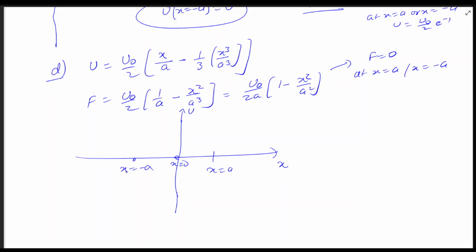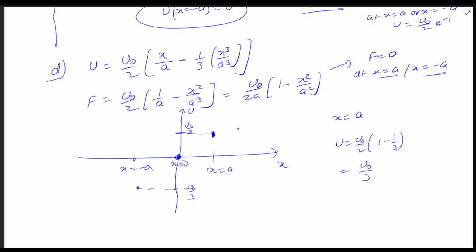Now if I put x equals 0, so U will be 0. If I put x equals to a, then we will have U as U naught by 2 times 1 minus 1 by 3, so we will have U naught by 3. So this is U naught by 3, right? And if I put minus a, it will be minus U naught by 3, right? Look, at x equal to minus a, slope will be 0, right?